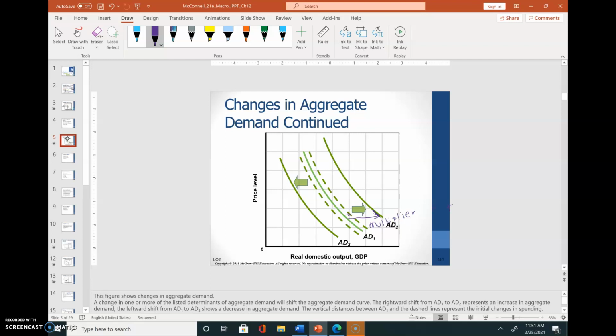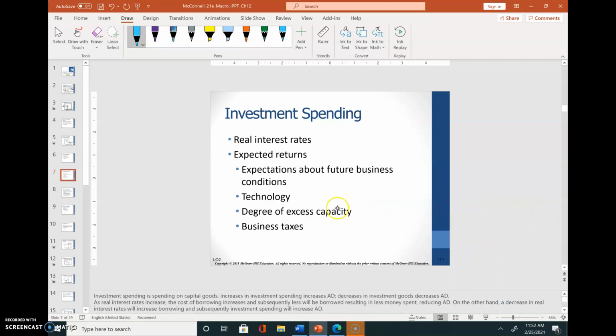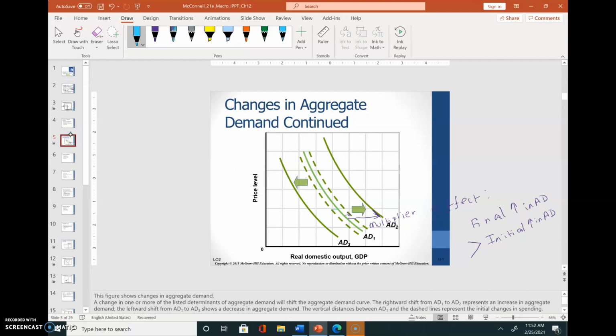So this multiplier effect means the final increase in aggregate demand is greater than the initial increase in aggregate demand. However, if aggregate demand decreases, initially we move from AD1 to this dashed line, and then due to the multiplier effect, the final decrease in aggregate demand will be greater than the initial decrease in aggregate demand.